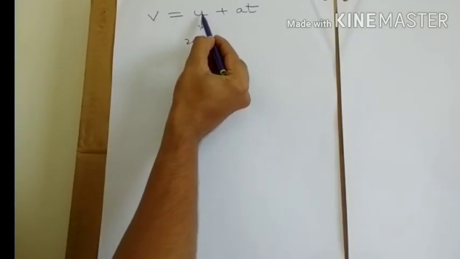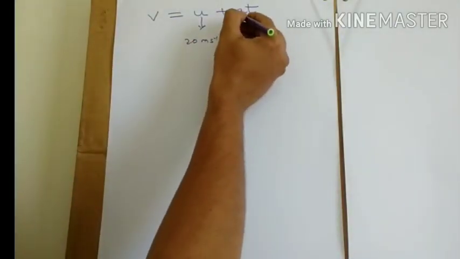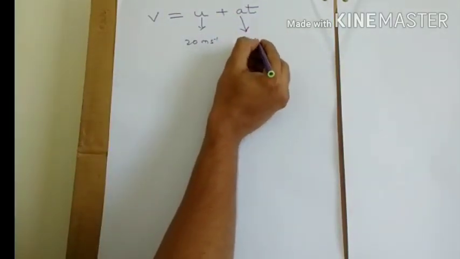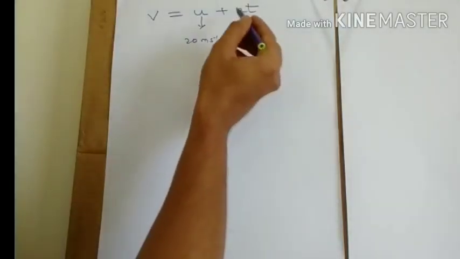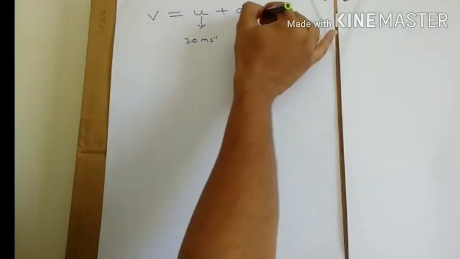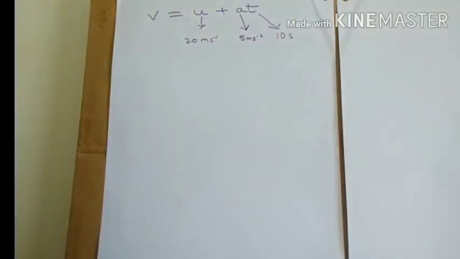So we have an object moving with initial velocity of 20 meter per second. Then it gets an acceleration of, let us say, 5 meter per second square. Then after, let us say, 10 seconds, what will be its velocity?